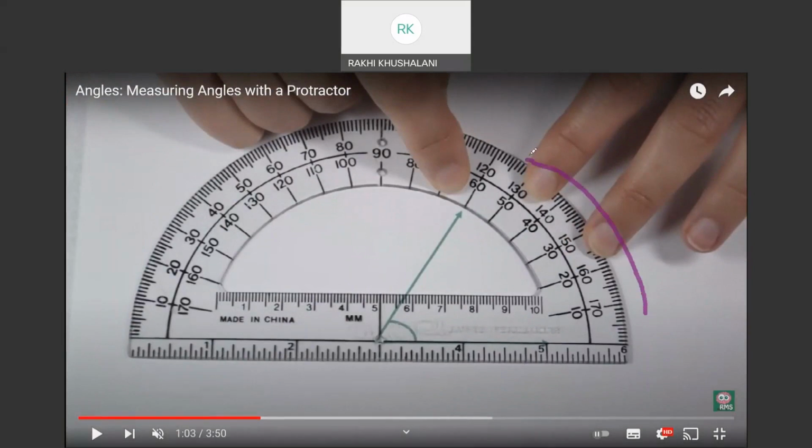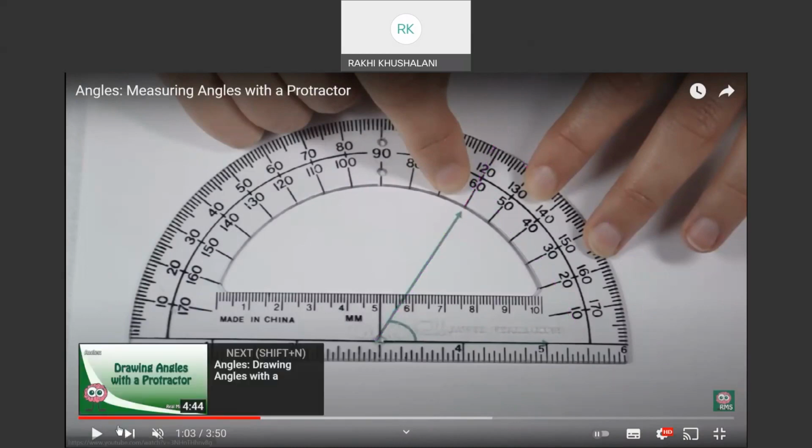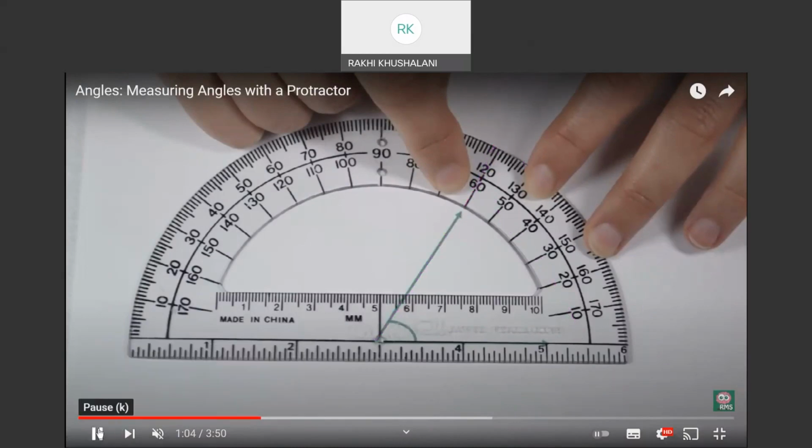You start counting from 0. So 0, 10, 20, 30, 40, 50, and here I am at 60. So what is the measure of the angle? Right now, what is shown here is 60.